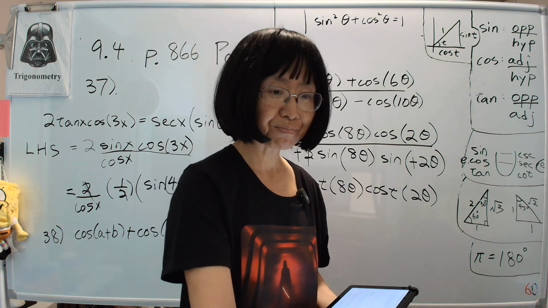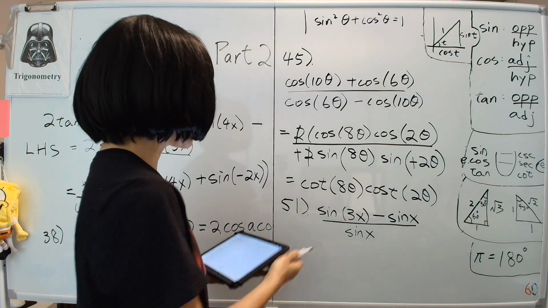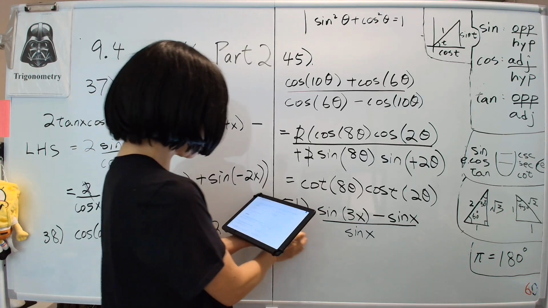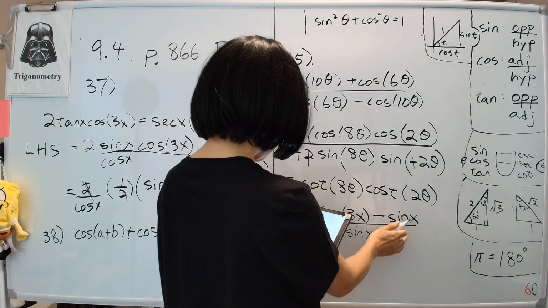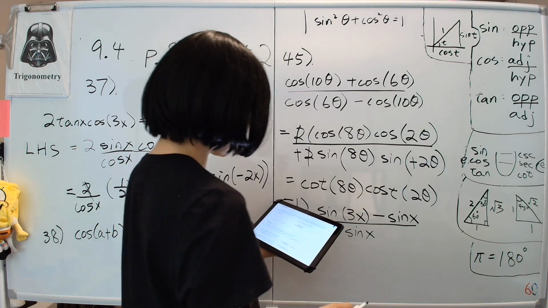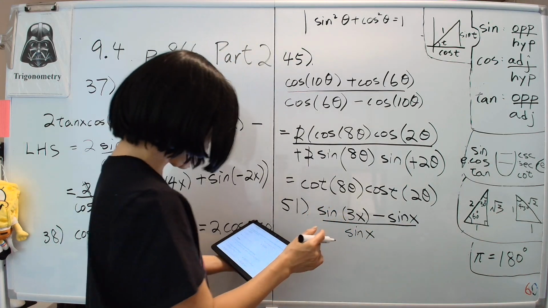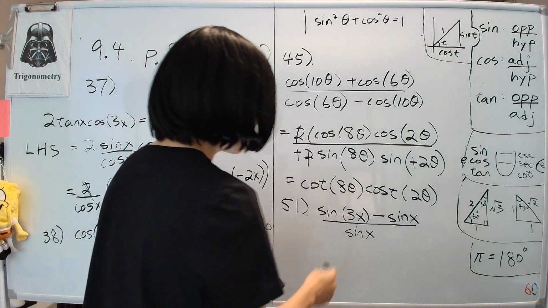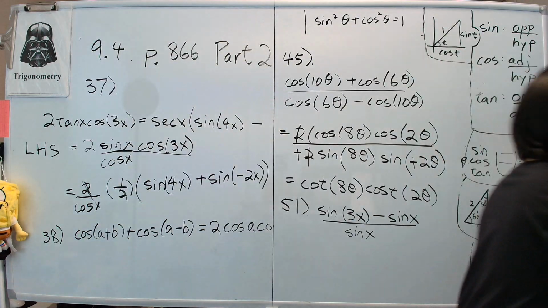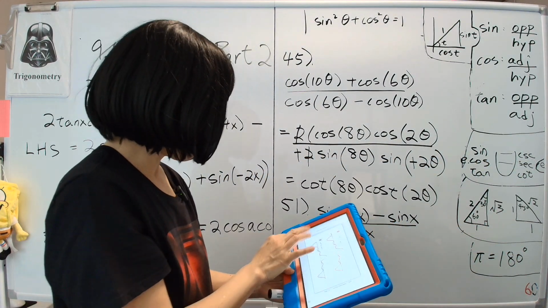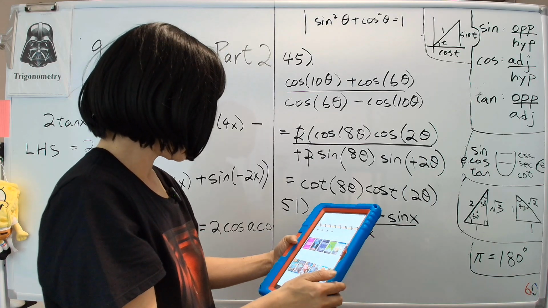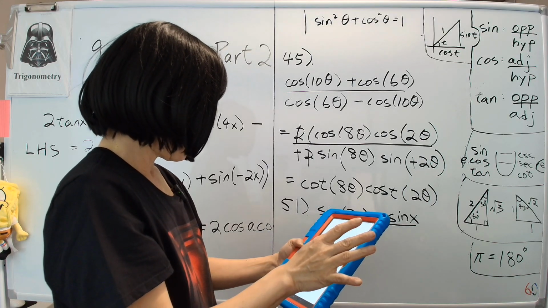So anyway, next let's look at problem 51, which is sine of 3x minus sine of x, and then divided by sine of x. All right, so what does that equal? Let's look at the formulas and see if there's any formula that fits this.